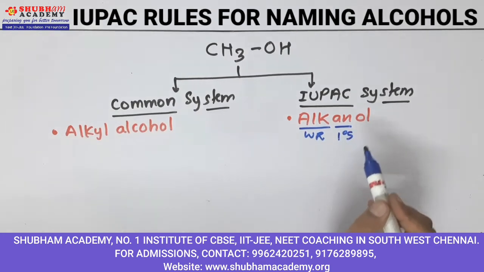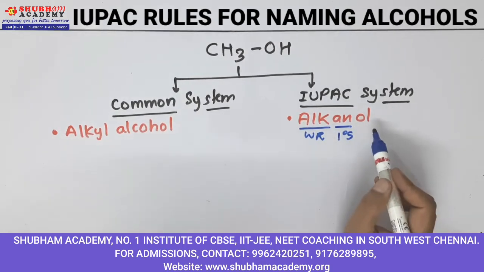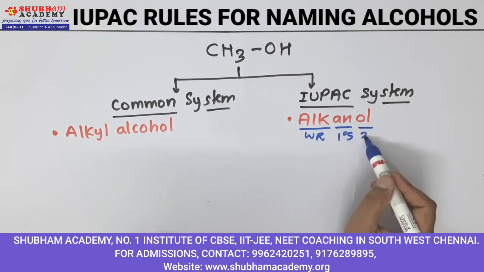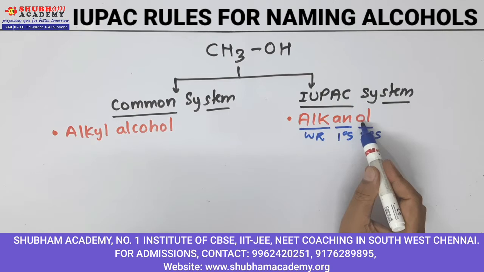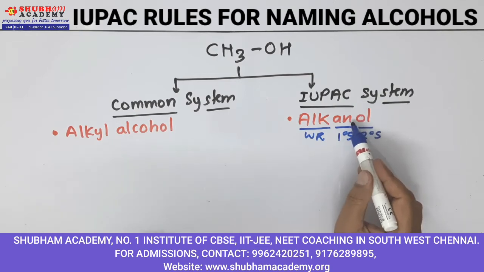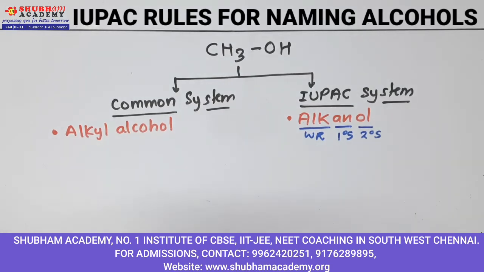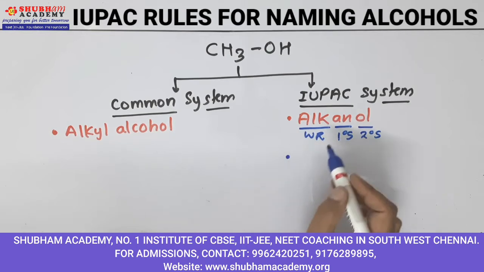Okay, now remember that last line. Okay, that when the secondary suffix, this is your secondary suffix, when the secondary suffix begins with a vowel, we have removed the terminal e of the primary suffix. Okay, fine. So here the name becomes alkanol.